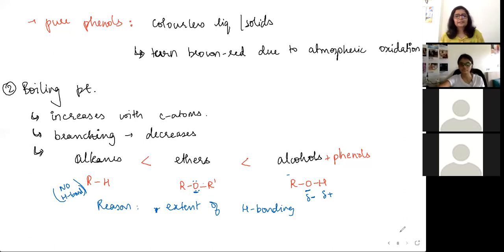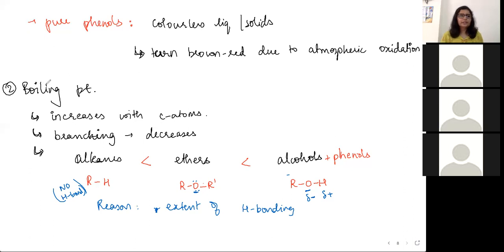The ones that would be on par with it would be other organic compounds that also have oxygen, and maybe amines to some extent, because even in amines you have the NH bond, so the charge separation is kind of comparable. When we study amines, we get into more detail with this. So these are the trends for boiling point and melting point.